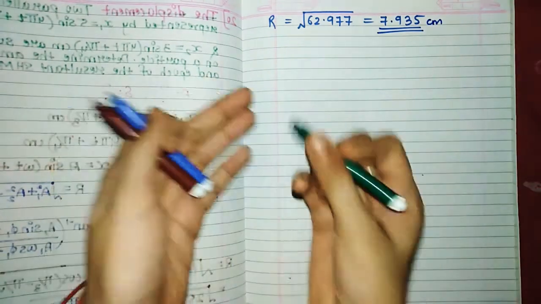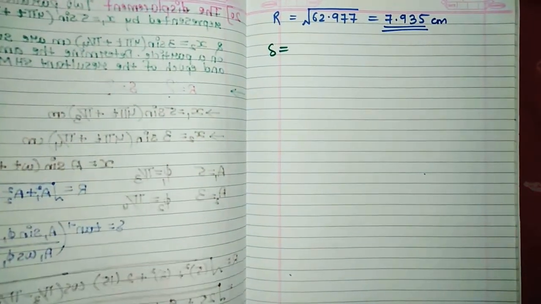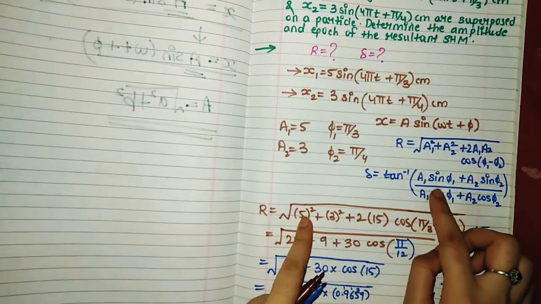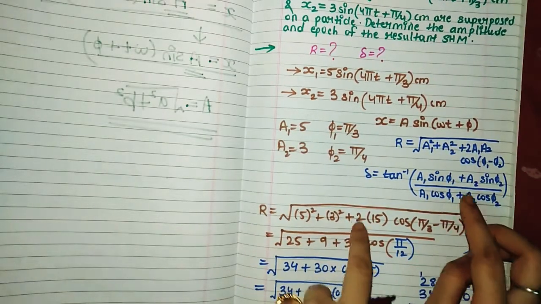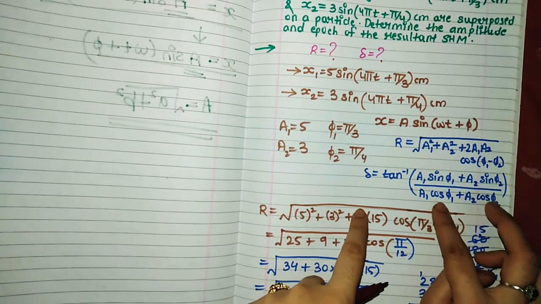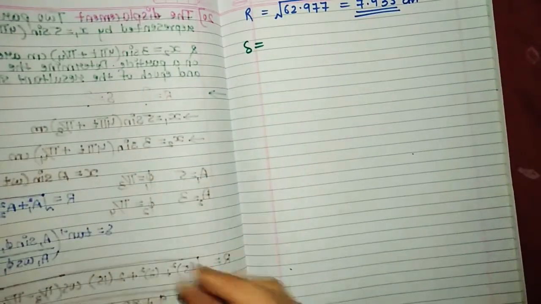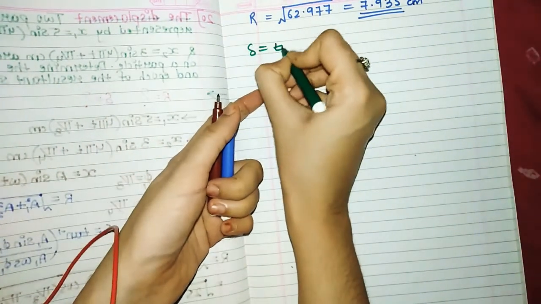Then coming to the next thing, that is your epoch. Formula for epoch I have shown you in the textbook itself, and here is the formula. It is very easy to remember. Sine will be in the numerator, cos will be in the denominator. Very easy. Let's see how we will write.